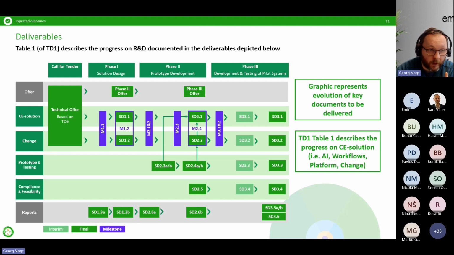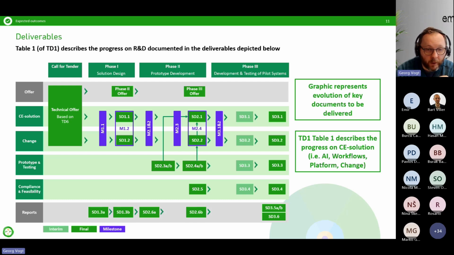Okay, so the graphic basically describes here the evolution of the deliverable. This technical offer is split basically into the technical components, the technical components being the CE solution, being the digital solution part. The change part is obviously a bit softer, so we took it out of the technical deliverable.